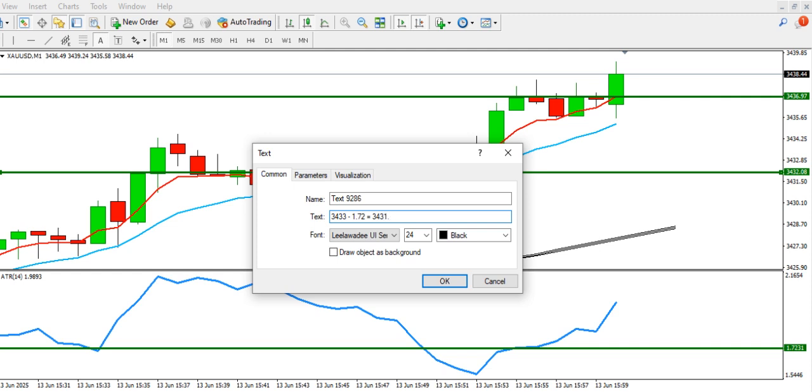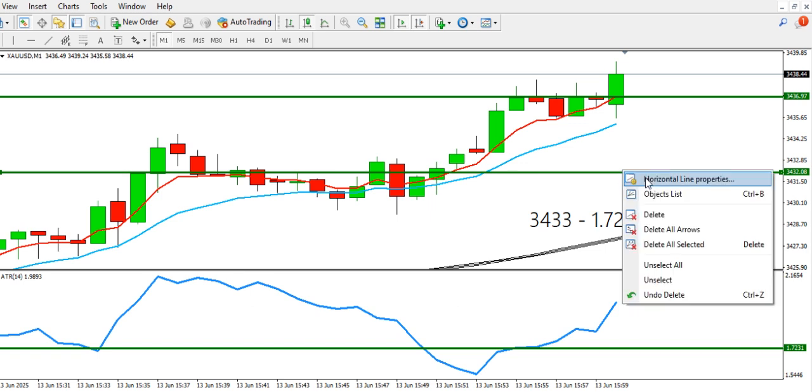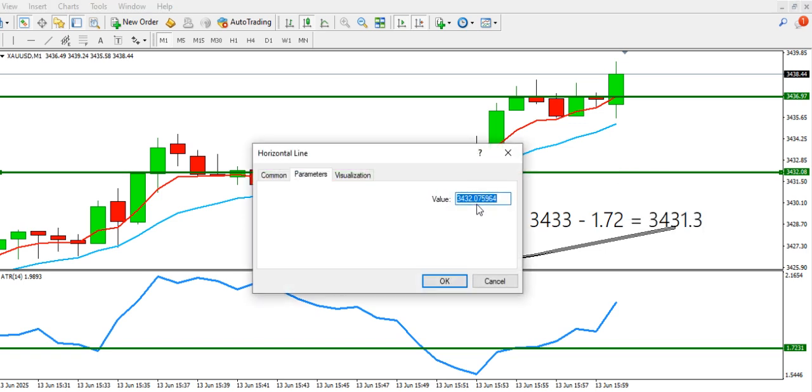Just let's assume that's our result. This is an assumption. You might need to use a calculator to get the value. So we'll move the stop loss to 3431.3.